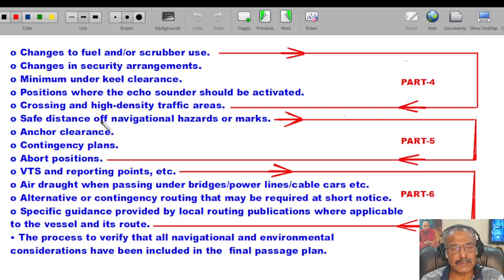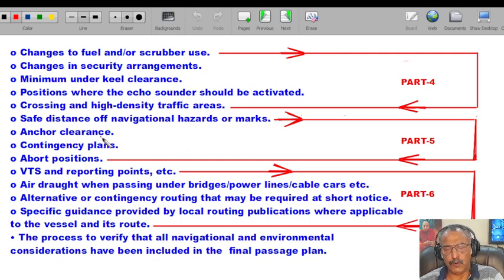Part 5 will be safe distance off navigating hazards or marks, anchor clearance, contingency plans, abort positions. Anchor clearance and all these things I've described at length in my anchorage series or safe anchoring procedure series. You can watch it, but I will again be coming up with more nitty-gritties as per your feedback.